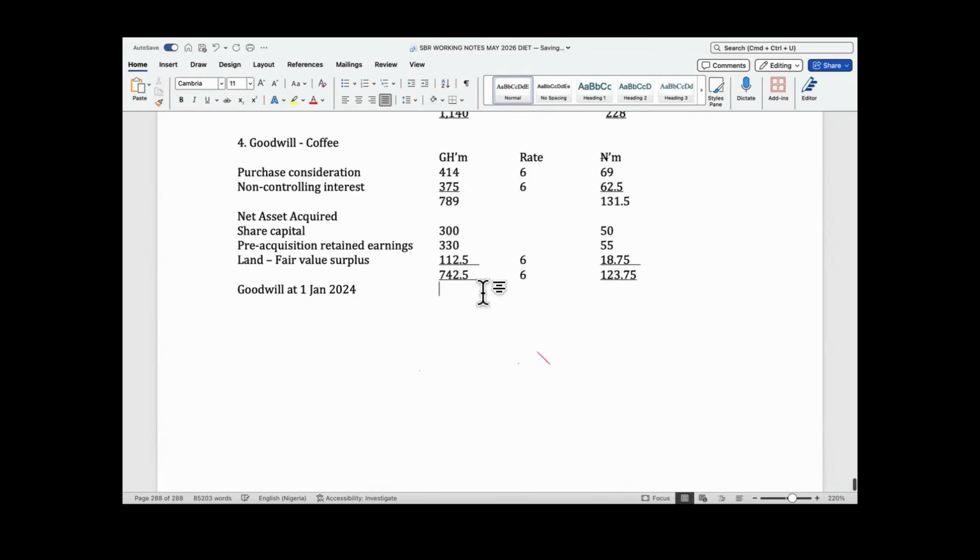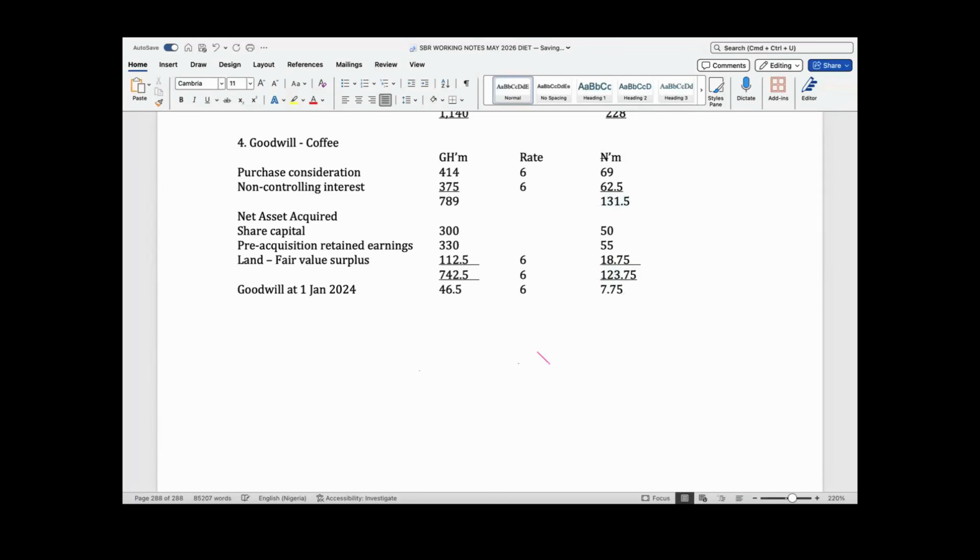So how much is this? 46.5. You can translate it or do 135 minus this. It gives you the same thing. 7.75.